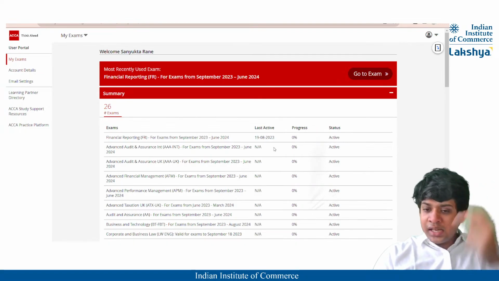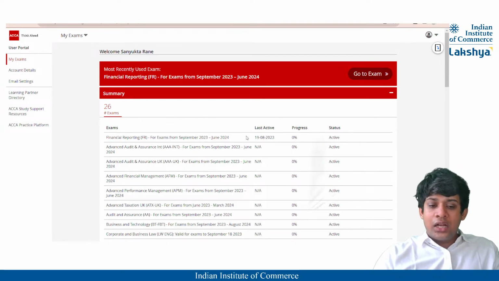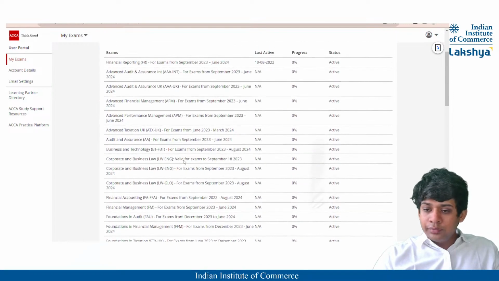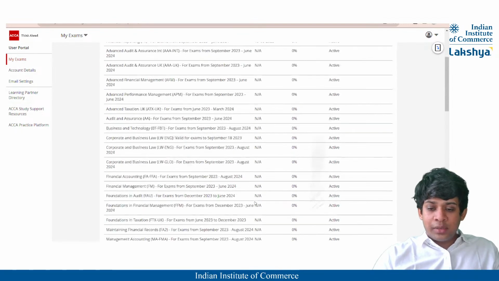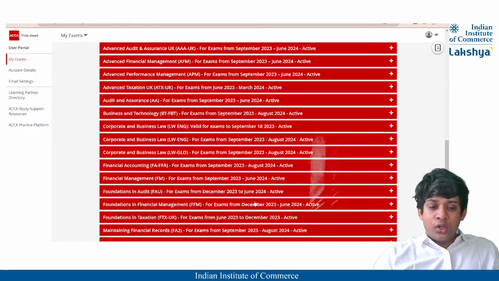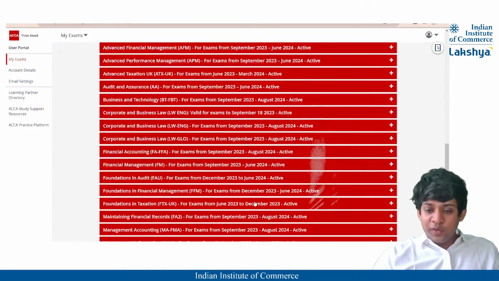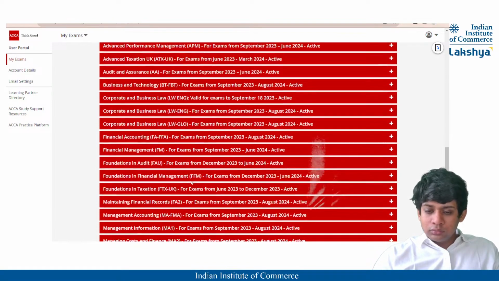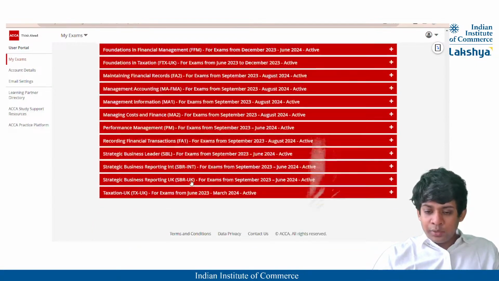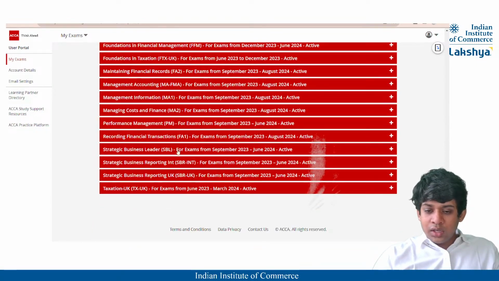Now in this ACCA Study Hub, you will click on Financial Reporting, right? The financial reporting summary is to be given. You will go down and look for financial reporting. Where is financial reporting?